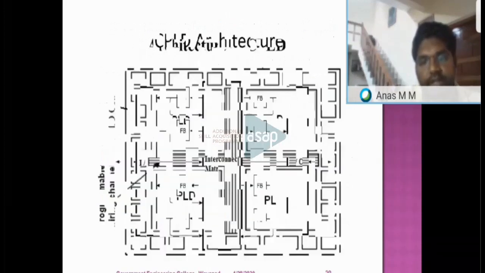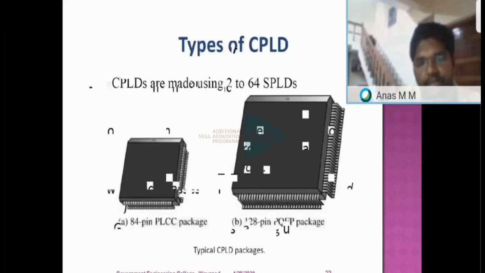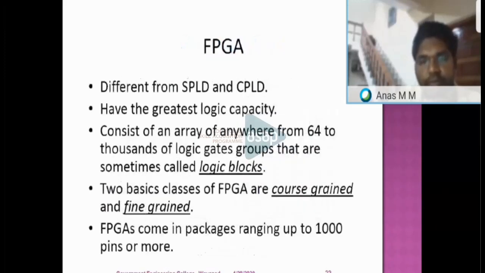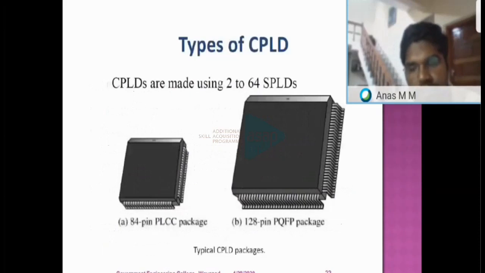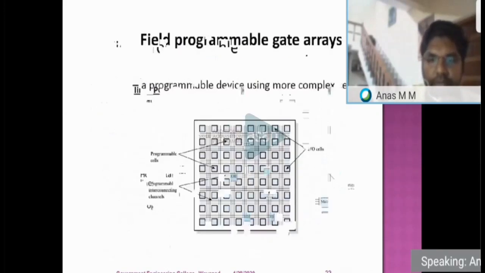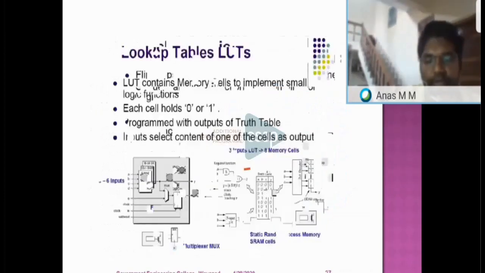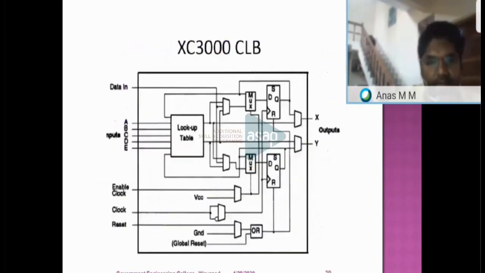And these are the various architectures. These are the ICs available in industry with different sets of packages. For example, if you want to implement a 4-bit processor, you don't need to implement it using FPGA. You can use CPLD. CPLD hardware is enough to design a 4-bit processor. But when it comes to a 16-bit or 32-bit processor, you need a bigger system, a bigger FPGA, and we need different types of family like that shown here.